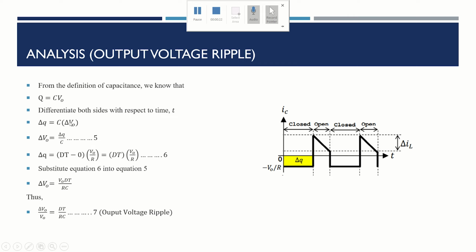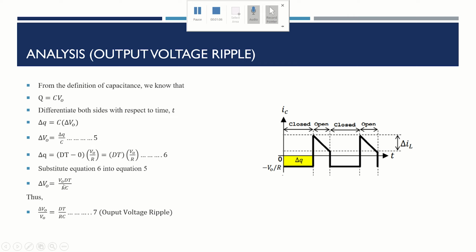We differentiate both sides and we get delta Q equals to C delta Vout, and we let delta Vout equals to delta Q divided by C. Delta Q will be equal to this part, which is Vout over R times dT, and we get delta Vout equals to Vout dT divided by RC.